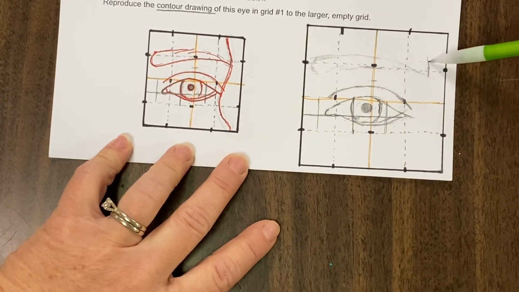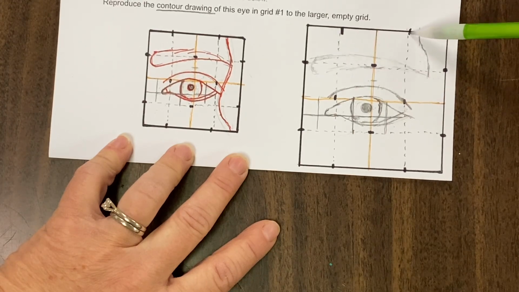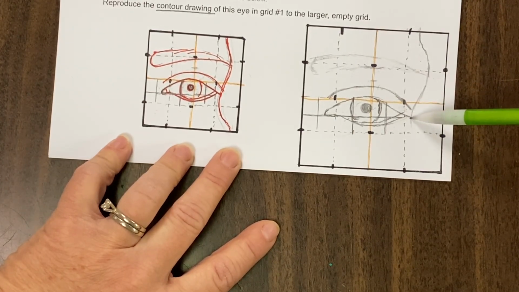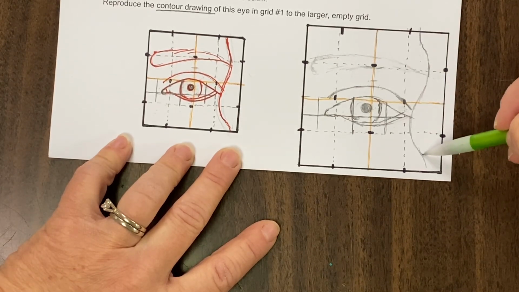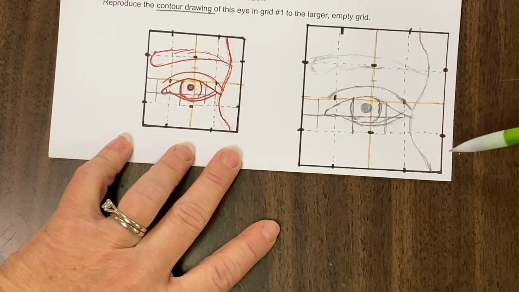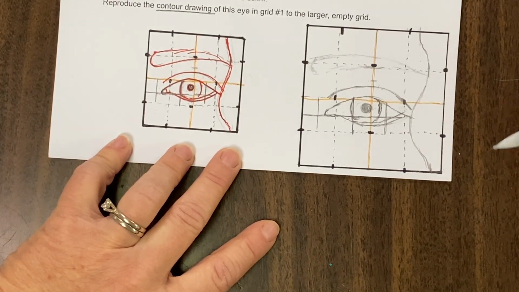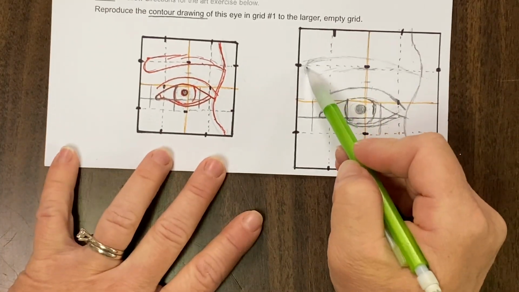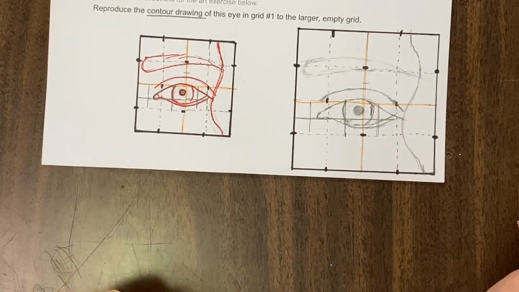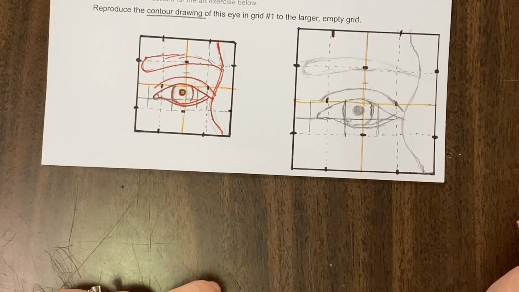And then it curves around and up, not quite to that halfway point. Then it curves this way. See, now you can look at the bigger picture here and just go in and out of the grid lines where you see them. So that's an example of an area where you don't necessarily have to break down every box again and again. All right, so that's it for this lesson. The next lesson will be how to prepare the grids on both your photograph and your large scratch paper.